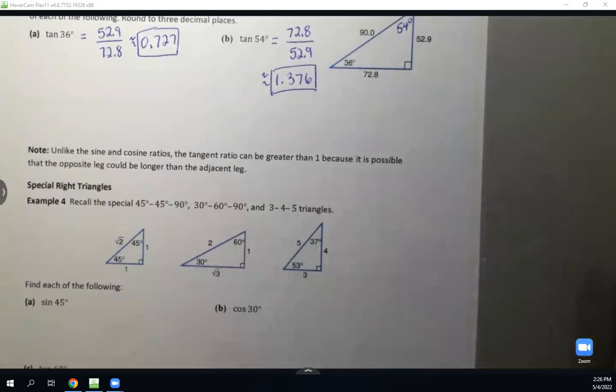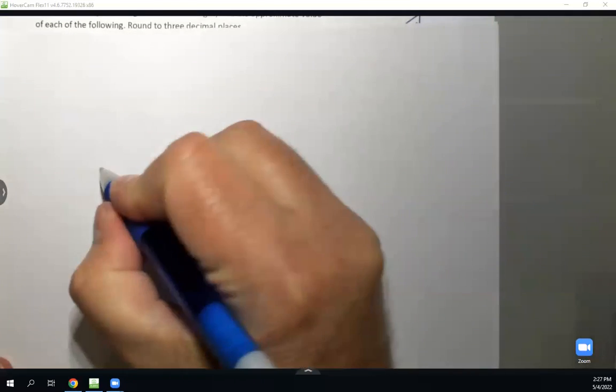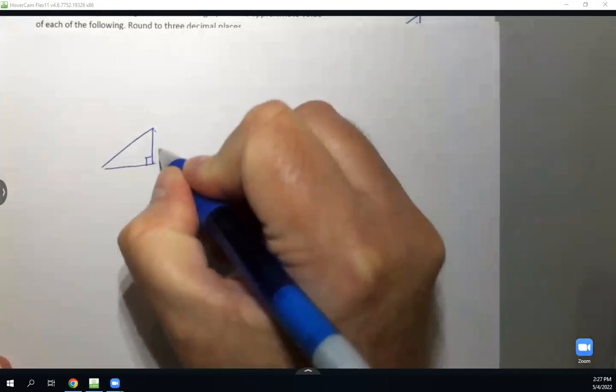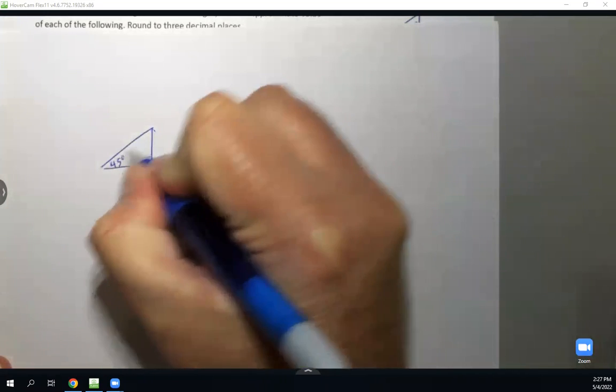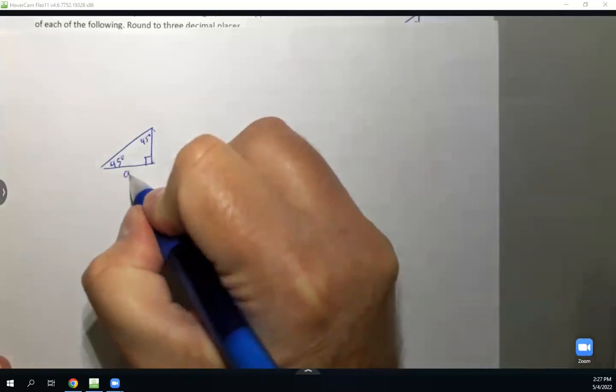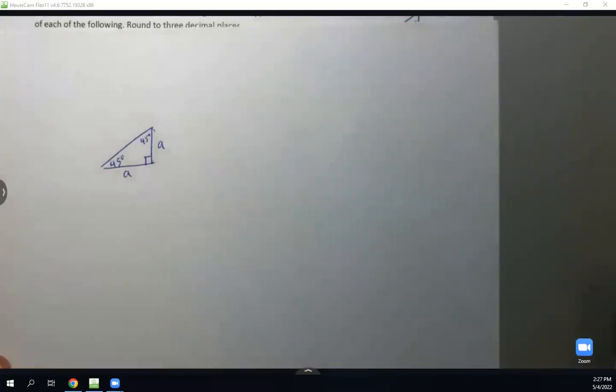That would happen if we had a 45-45-90 triangle, like we talked about in section 1 last time. My picture is not the best in the world, but say this was a 45-degree angle and this is a 45-degree angle, then whatever this is would be the same as whatever that is because it's an isosceles triangle.